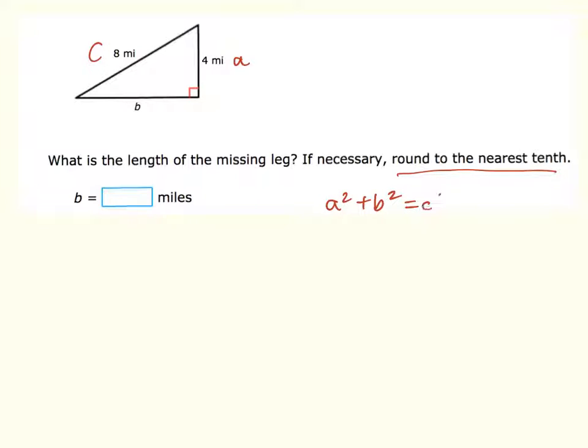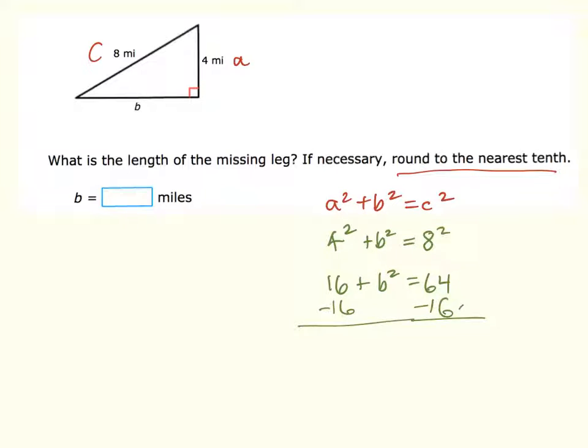It'll help you keep it in your brain so you don't forget it. 4 squared, because A is what we've got here, plus B squared equals 8 squared. 16 plus B squared equals 64. And then minus 16 from each side to give me B squared. 64 minus 16 is 48.